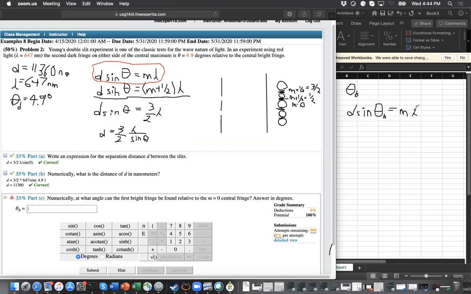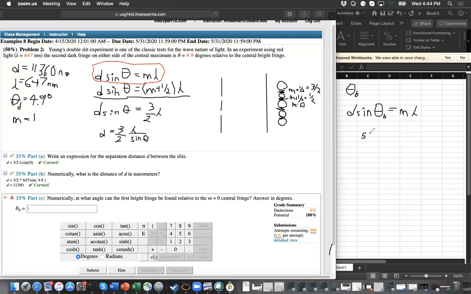We know lambda, good. We know d, which is also good. Do we know m? Yes, because we're told it's the first bright fringe. So the thing we know for this problem is that m is 1. Okay, so we know everything. Yay, we just have to solve.